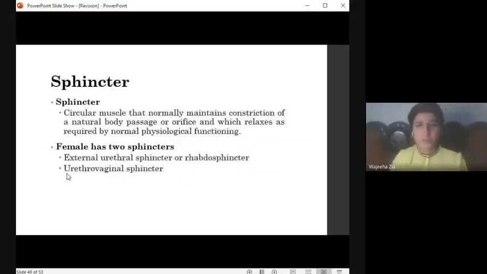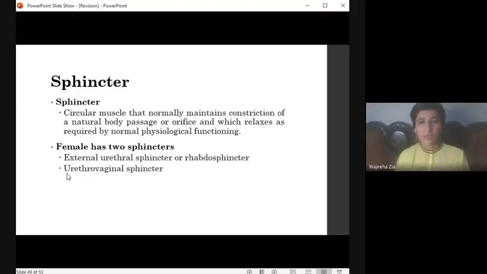Now, if we talk about the sphincter, what are sphincters? These are circular muscles responsible for closing an orifice. There are different orifices in the body, like in the stomach. These sphincters allow the opening and closure of those areas in which we have to keep the content in that region.